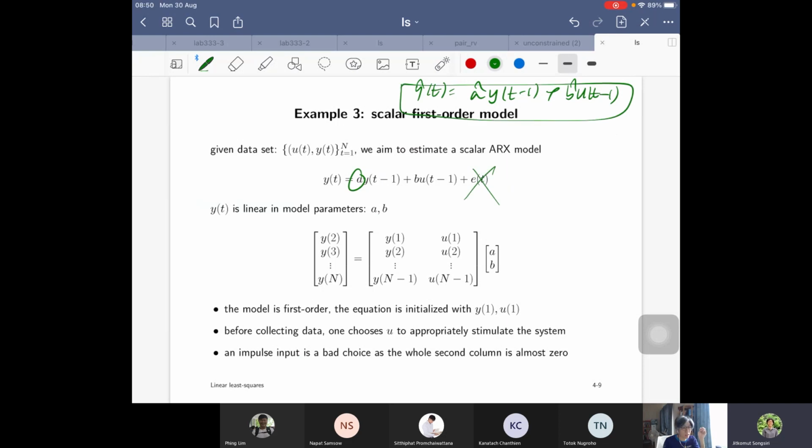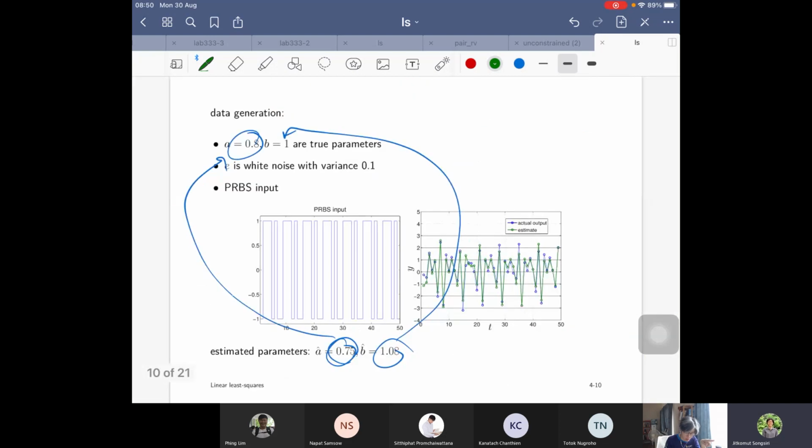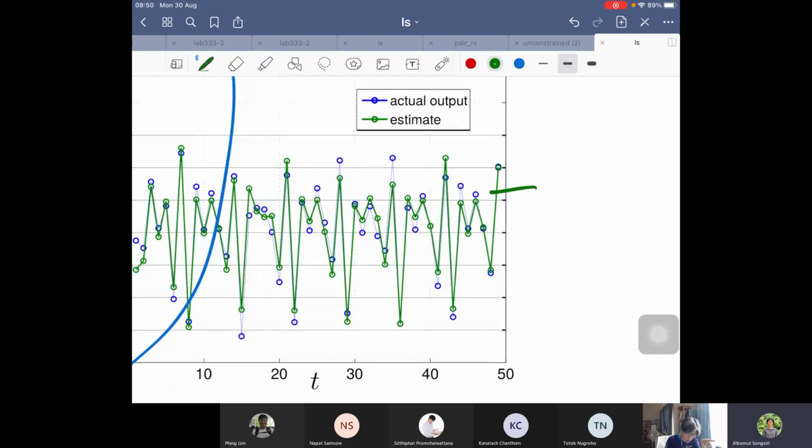The noise term is the undesirable term. We estimate A hat and B hat in order to minimize the sum of squared errors. So for the estimation process, I use this green box equation to produce the green graph, the estimate.